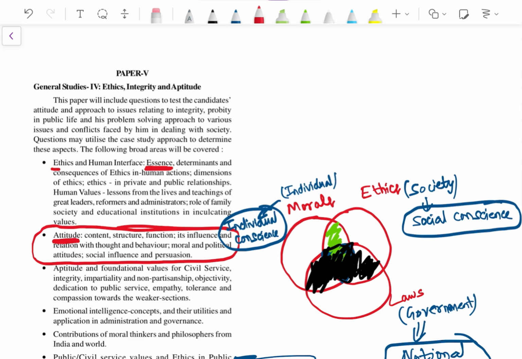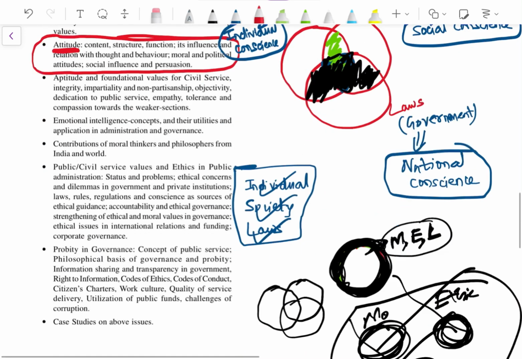Ethics and human interface, its essence, we'll be discussing in the next class. So till now we have discussed the basics. Next class we'll go to the syllabus and each and every topic of the syllabus will be covered. That is the purpose of this course.